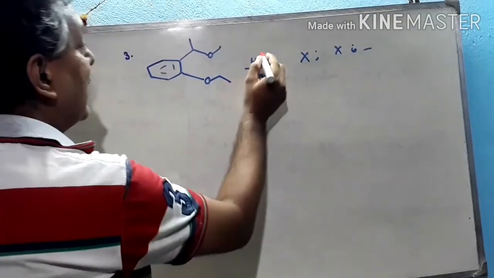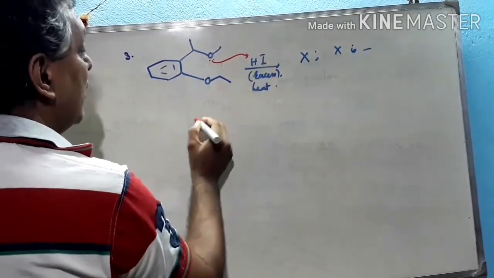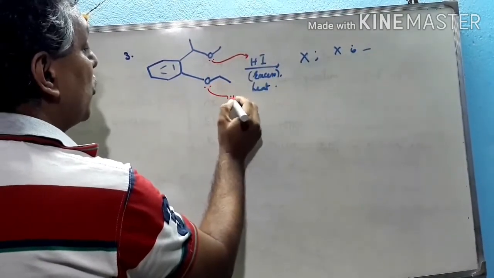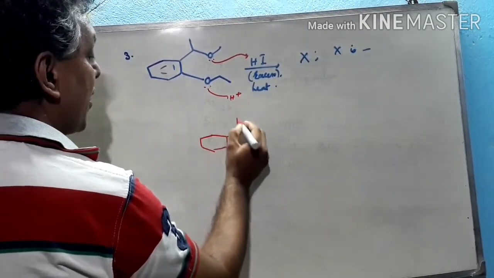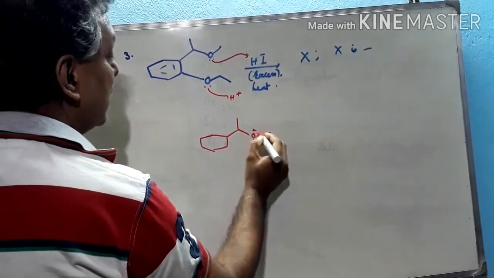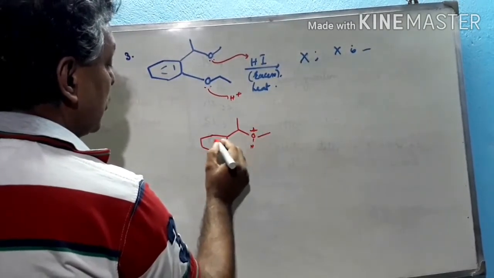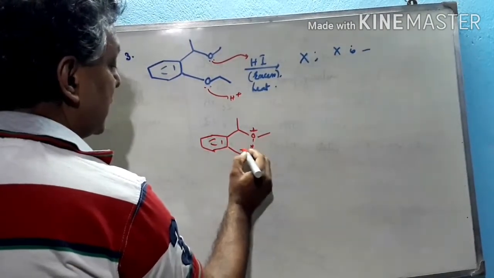If it is treated with HI, first the lone pair is protonated, and this lone pair is also protonated to form this compound, with OH plus and OH plus.